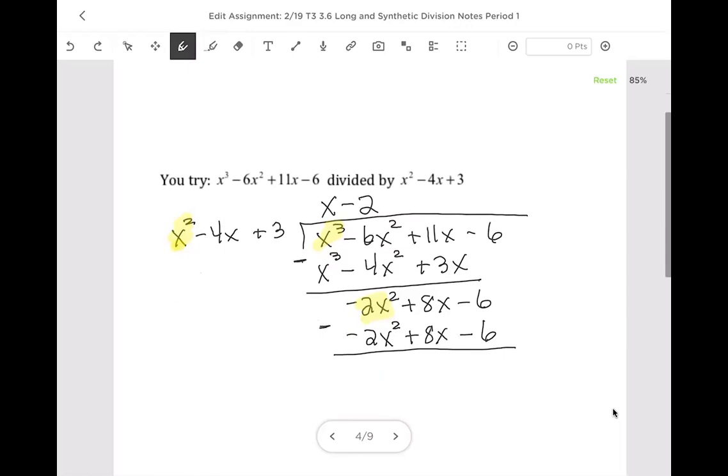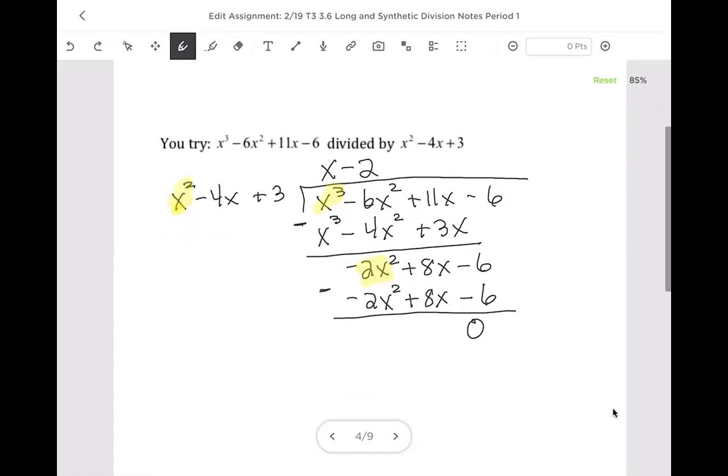So a negative 2 minus a negative 2 is a negative 2 plus 2, which is 0. 8 minus 8 is 0. And negative 6 minus a negative 6 is negative 6 plus 6, which is 0. So this one divides in evenly. The answer is x minus 2. You can always check because you could take x minus 2 times x squared minus 4x plus 3 and get your polynomial.